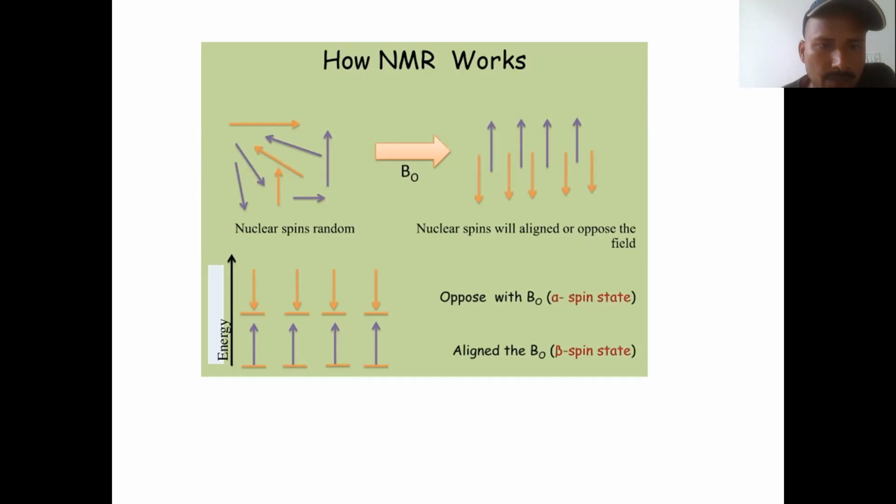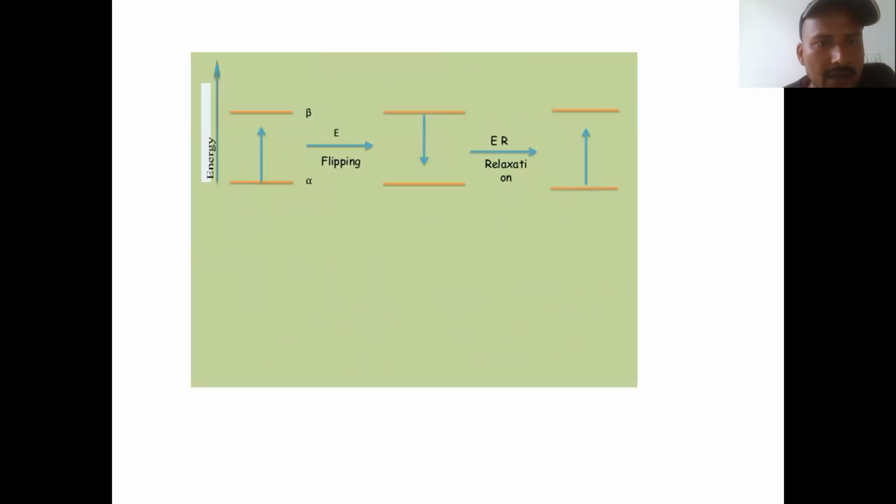So if you are providing energy, two states can be obtained. Either they oppose the magnetic field or they align with the magnetic field. If opposed to the magnetic field, it is called the alpha spin state, and if they align with the magnetic field, it is called the beta spin state. Next, in this there are two spin states, alpha and beta, and this is the energy.